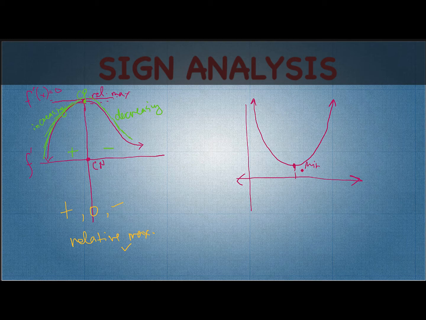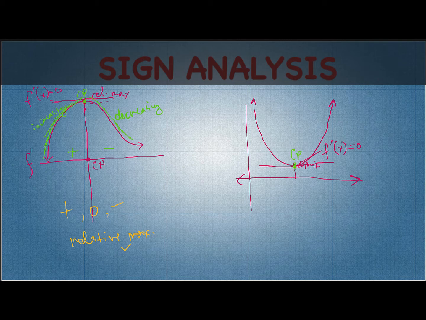Okay, that is a minimum, and at this point also, the critical point, the derivative here is equal to 0 because our tangent line here to the curve is horizontal, so our derivative is 0.